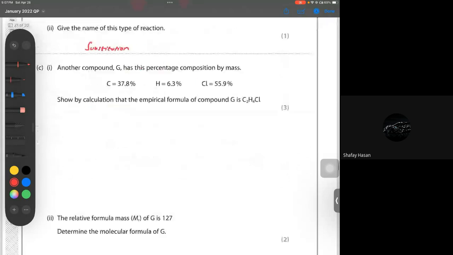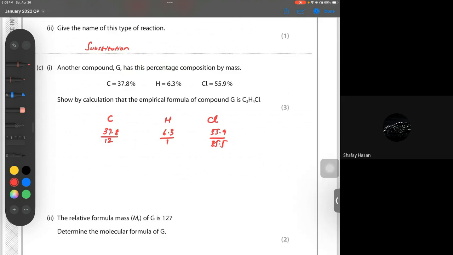Show by calculation that the empirical formula of compound G is C2H4Cl. Carbon, then hydrogen, then chlorine. Carbon is 37.8, hydrogen is 6.3, chlorine is 55.9, divided by the atomic masses, that is 12, 1, and 35.5.